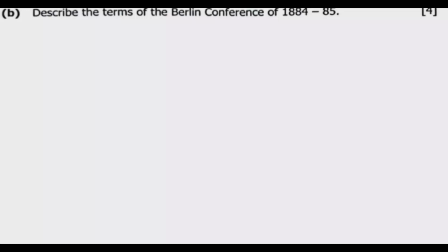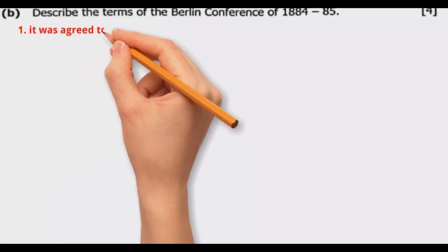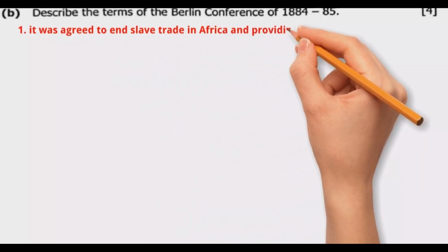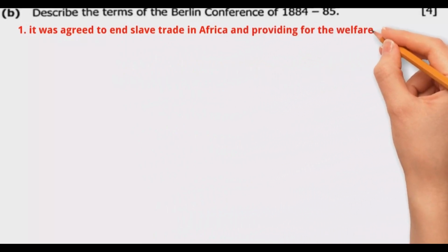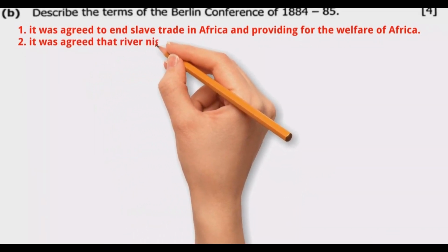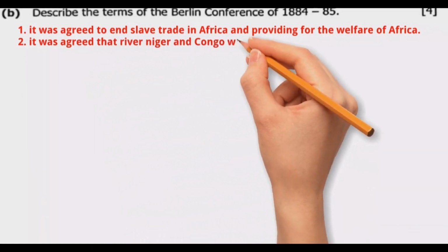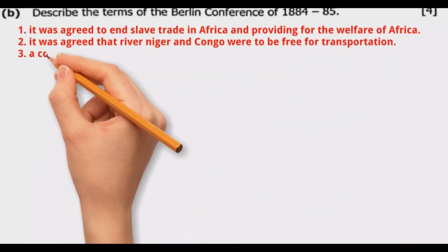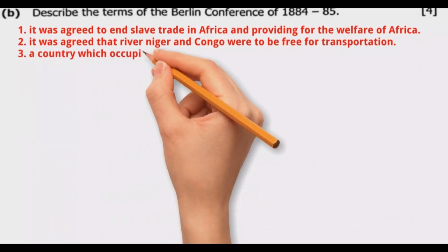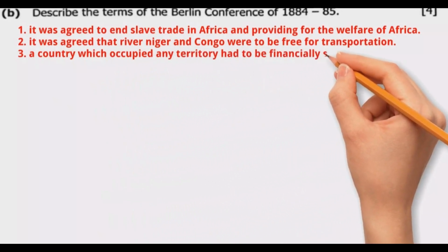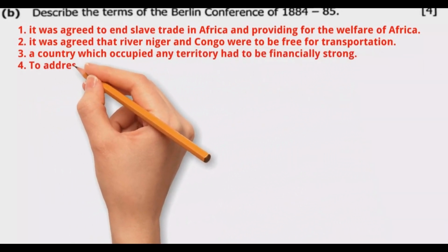Okay, so the first one is it was agreed to end slave trade in Africa and providing for the welfare of Africa. 2. It was agreed that River Niger and Congo were to be free for transportation. 3. A country which occupied any territory had to be financially strong. 4.